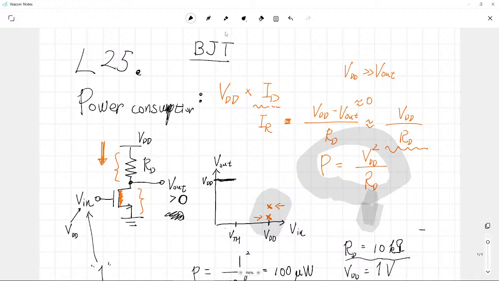That was the major technology of our transistor industry for several decades. However, even this BJT has a power consumption problem. That's why we moved several decades ago to CMOS technology. So power consumption is so important.